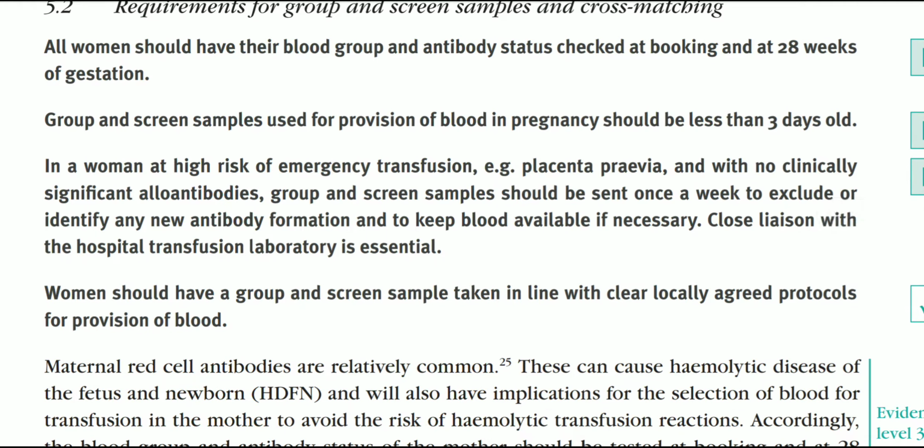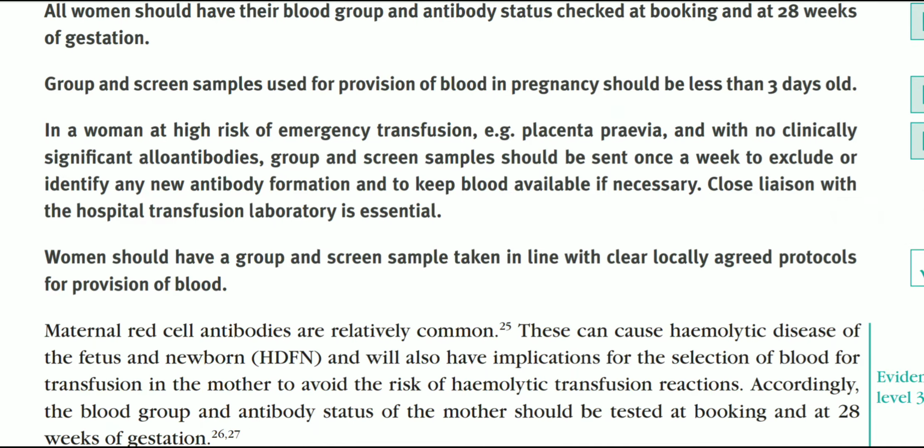In women at high risk of emergency transfusion, for example placenta previa, with no clinically significant antibody, group and screen samples should be sent once a week to exclude or identify any new antibody formation and to keep blood available if necessary. Close liaison with the hospital transfusion laboratory is essential.